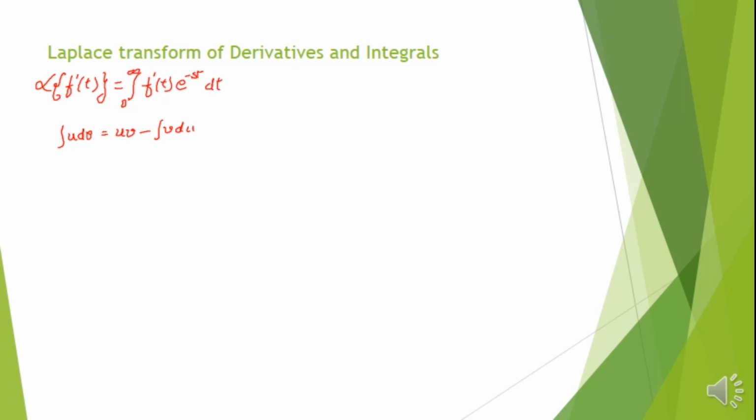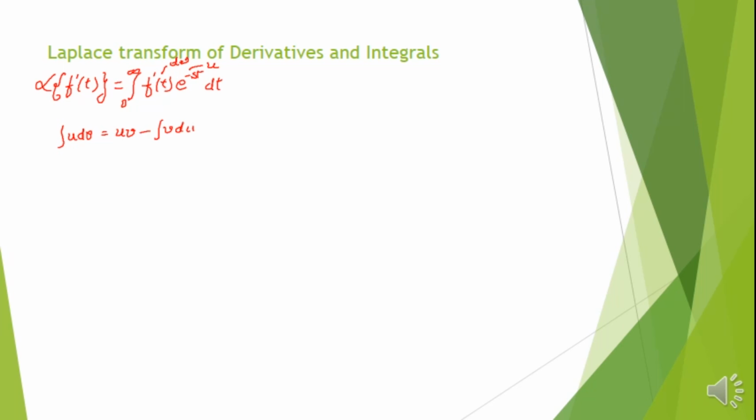Now in this particular case, f dash of t and e to the power minus st, I will consider e to the power minus st as u and f dash of t as dv, because v is the integration of dv, so integration of the derivative function f dash is f. That is why I am considering this as dv.